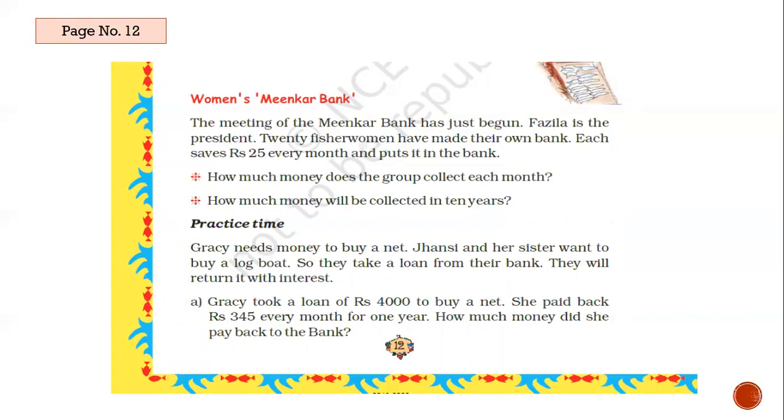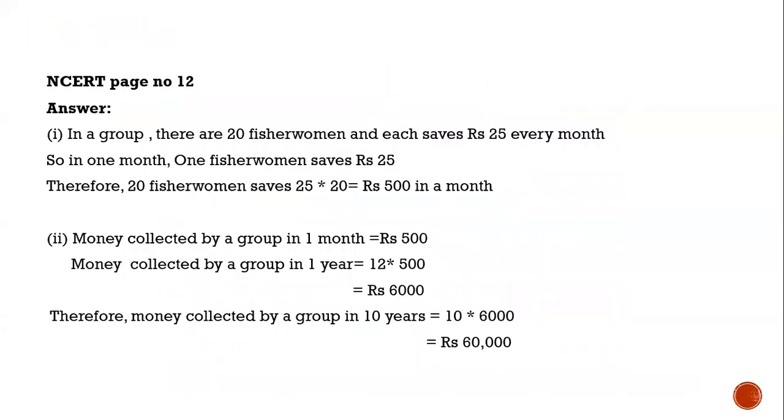So first see how much money does the group collect each month. So the group is of 20 fisher women and each is saving 25 rupees every month. So 20 fisher women will save 25 into 20, which will give 500.